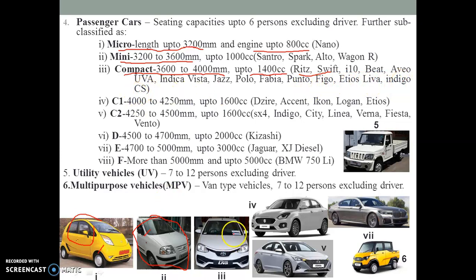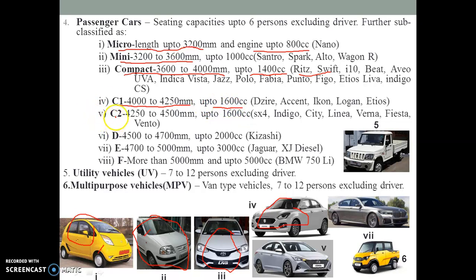For these cars, I have taken one example, Etios Liva. Then C1 passenger cars have a length of 4000 to 4250 mm. I have used the picture of Dzire, which has capacity up to 1600 cc.